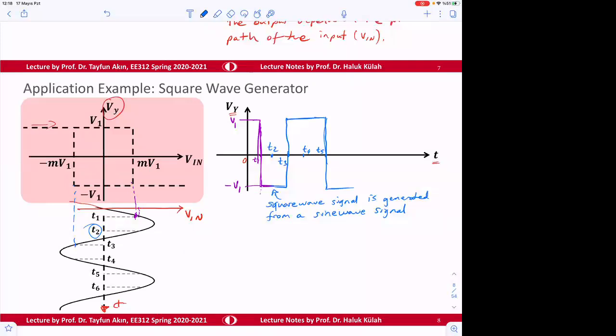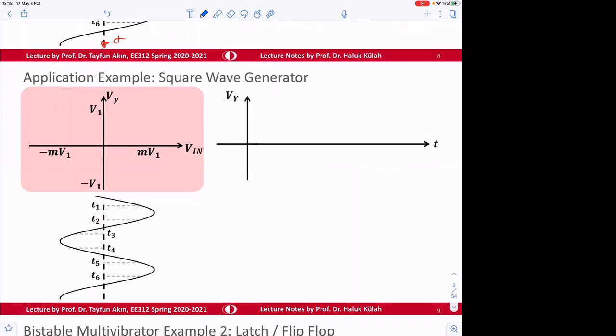But the thing is, if your signal, the sine wave, had maybe some jitter on it, some noise, then each time that this was crossing up and down, you would be having noise.